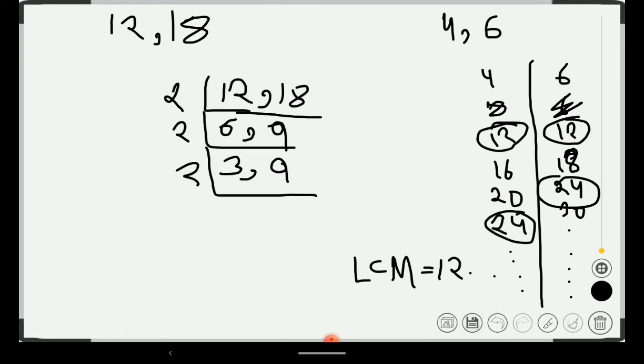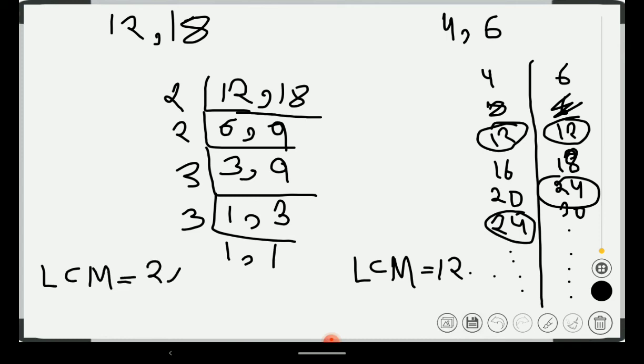Now let's take 3, as there are none of the numbers divisible by 2. 3 1s are 3 and 3 3s are 9. And as there is another 3, until you get 1 and 1, you need to continually divide it. It's kind of prime factorization only. Okay. Now let's find their LCM. How will you find it?